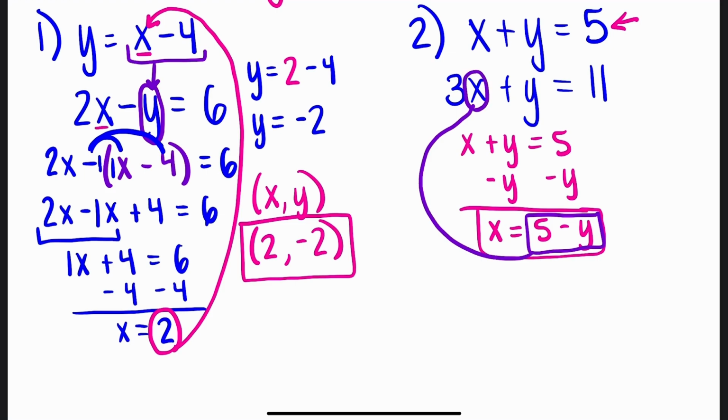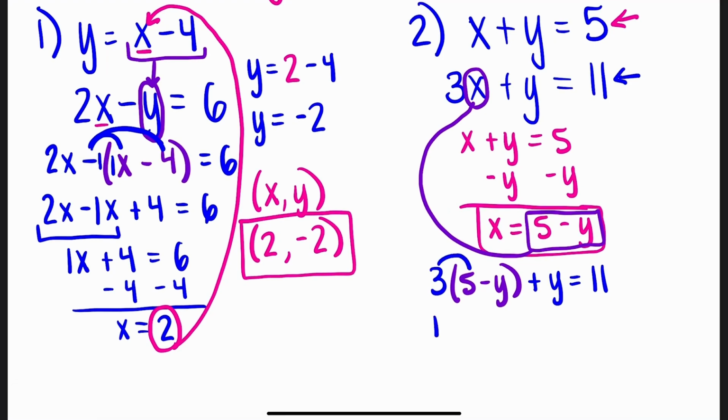So let's rewrite that bottom equation now. 3 parentheses times (5 minus y) plus y equals 11. So see, I just rewrote this whole equation here, but instead of x, I put 5 minus y. Now I'll solve it.